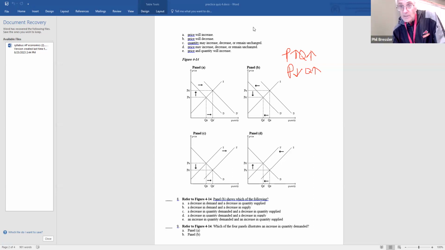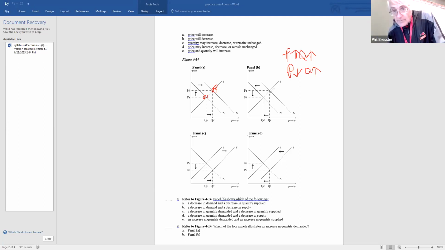I've got an increase in demand in panel A, and then I have sliding up this, I go from A to B on the supply curve. So that is an increase in quantity supplied. All right. So I have an increase in demand and an increase in quantity supplied. That's what the A graph represents.